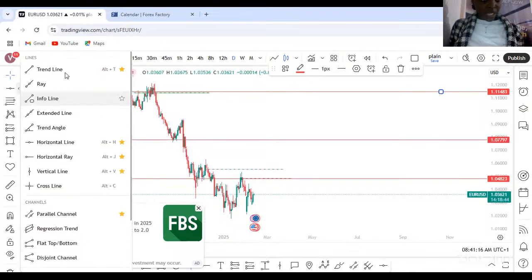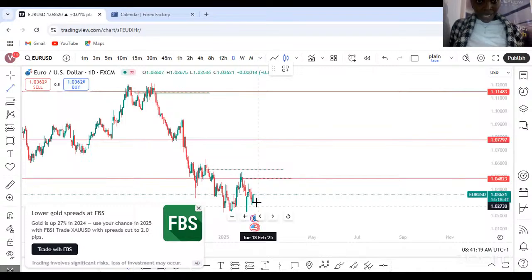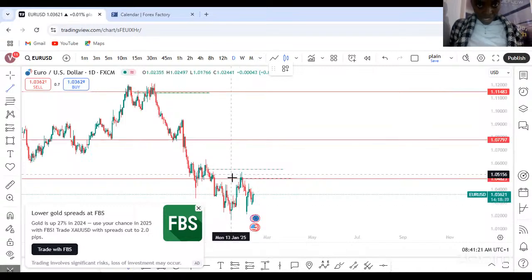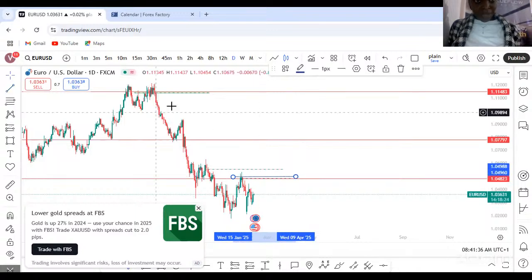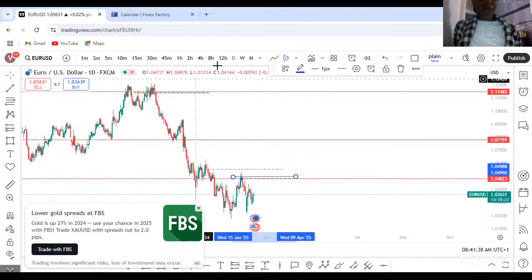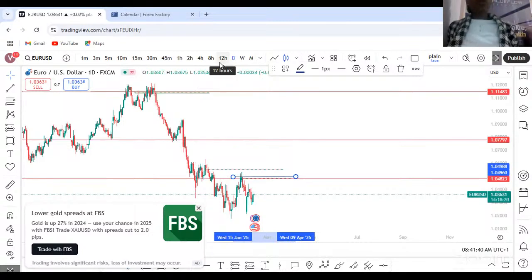I will also be catching the buys when I see price break the high at 1.04988. Once I see a break of this high with a retest, I will be riding the buy all the way. Until that happens, I'm still holding on to my sell bias on Euro USD.